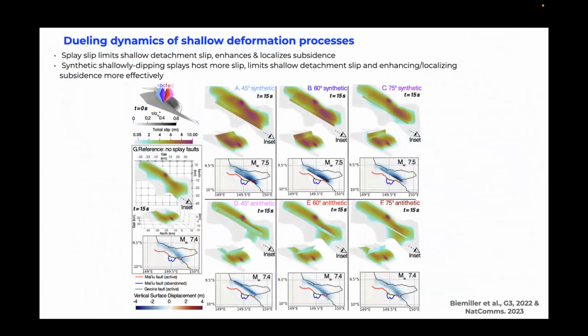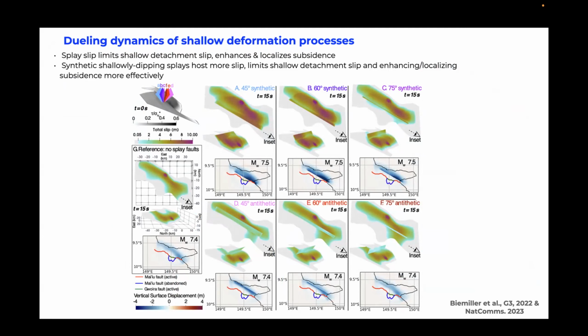So in general, we really observe in these models dueling dynamics of shallow deformation processes. And this is, I think, something where this experiment could really help us make important progress. Here's another example by Bimela et al., looking at actually the low angle normal fault in Papua New Guinea, but the principle is the same. We expect the principle to be the same for a megathrust interacting with splays.